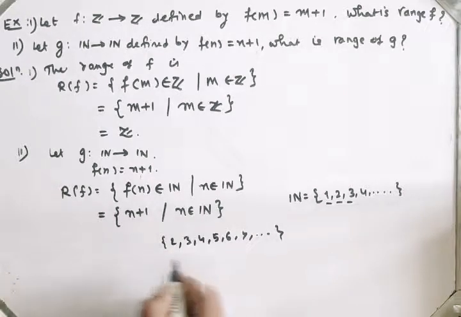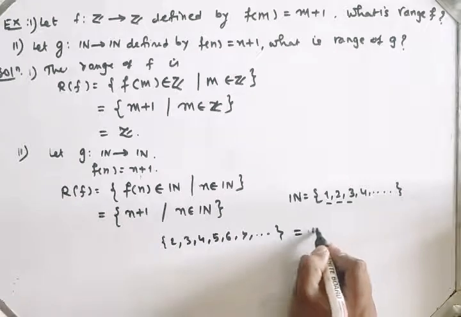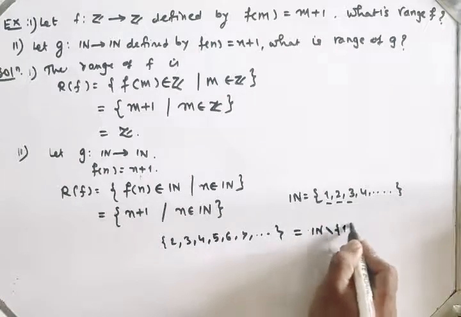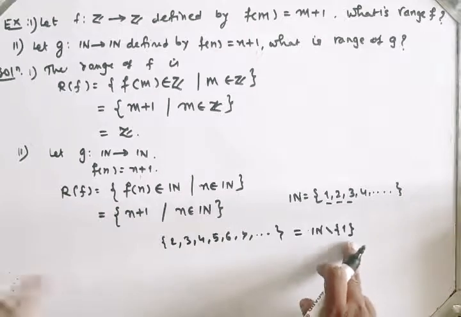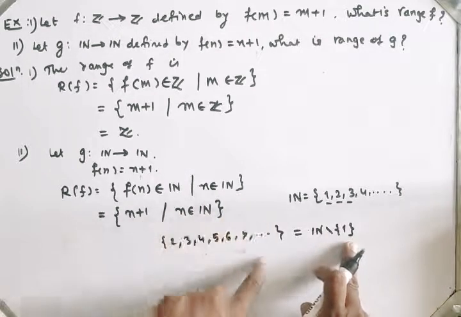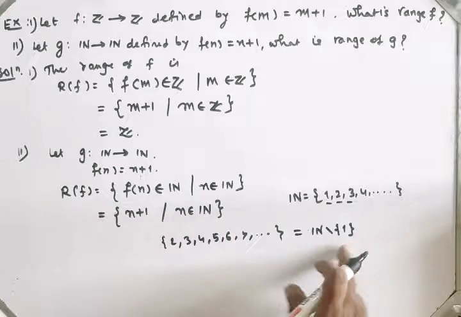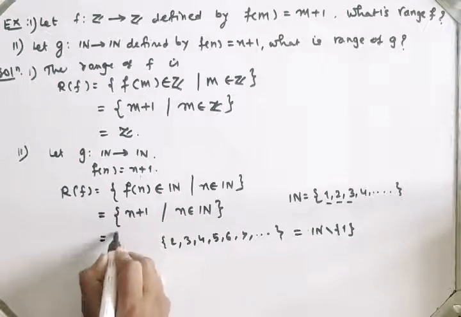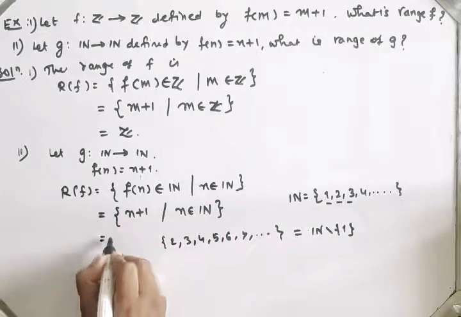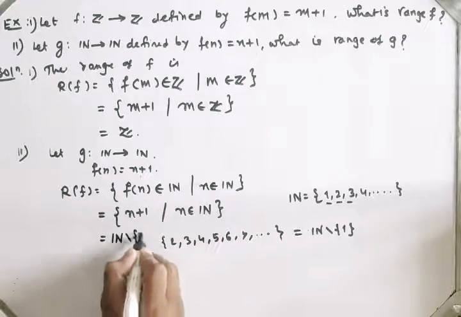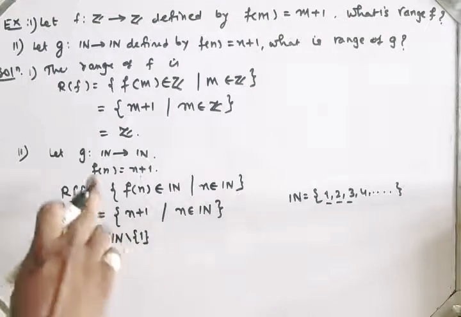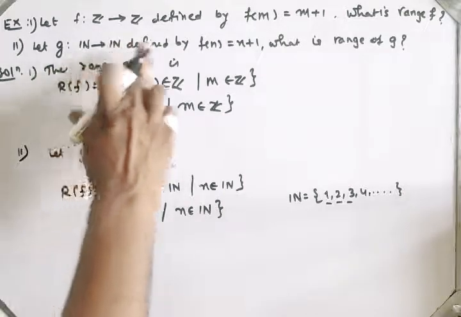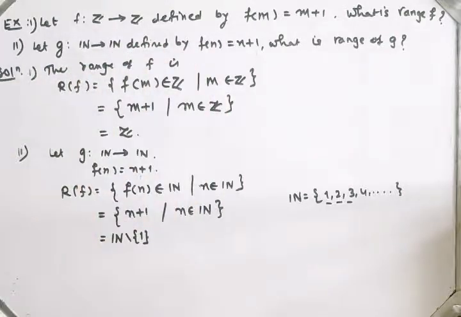This set is nothing but the natural numbers minus the singleton 1, right? It is the natural numbers which excludes 1. So the range of the function is the natural numbers minus the singleton 1, for the given function from natural numbers to natural numbers defined by f of n is equal to n plus 1.